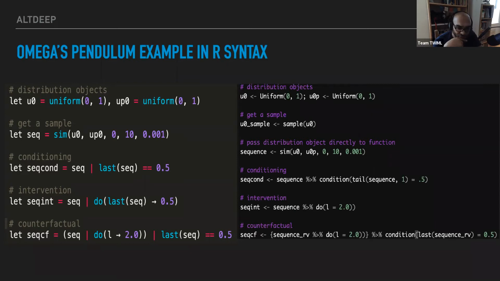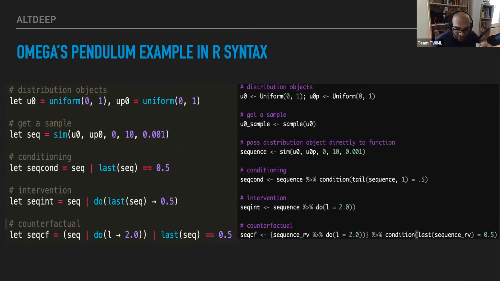and then the counterfactual is like this. We start with, we apply the intervention to the sequence, and we're taking that entire intervention expression and conditioning it on some evidence. I like this kind of nested order of operations.